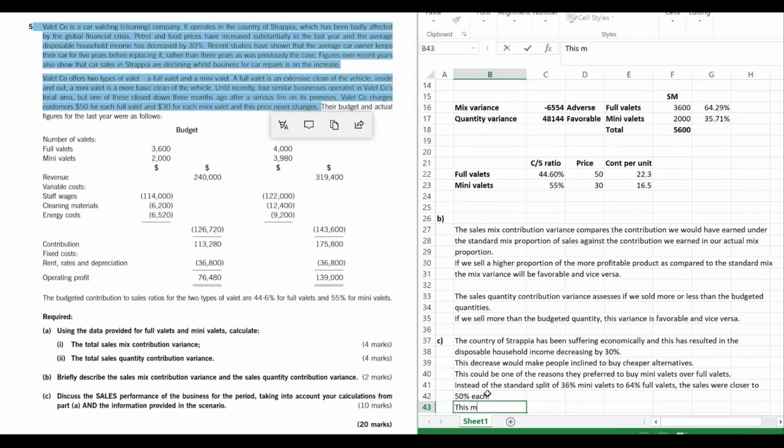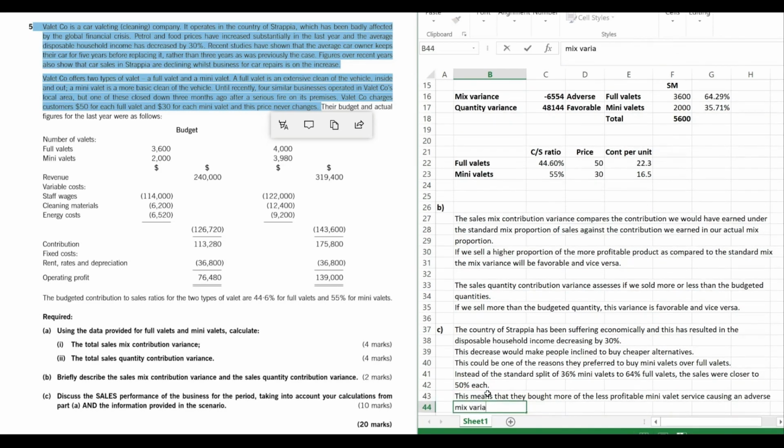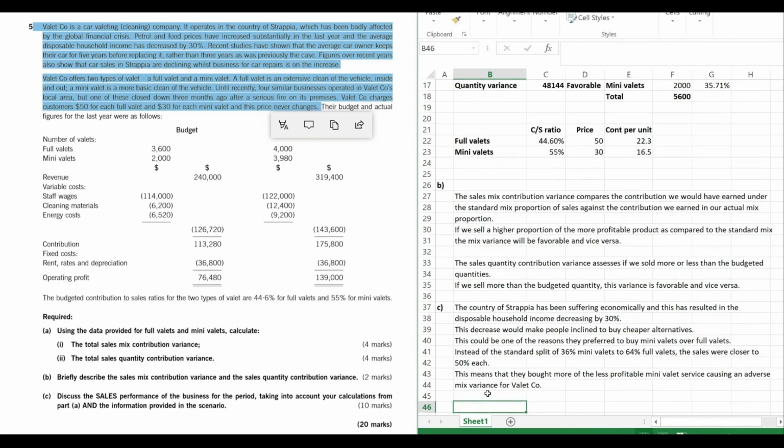This means that they bought more of the less profitable mini valet service, causing an adverse mix variance for Valet Co. Okay, so 1 point, but we've written it extensively, thoroughly, so it'll get us at least 2 marks, right?